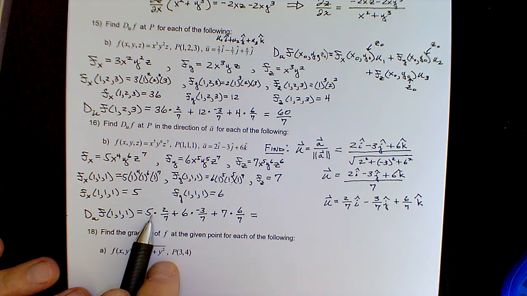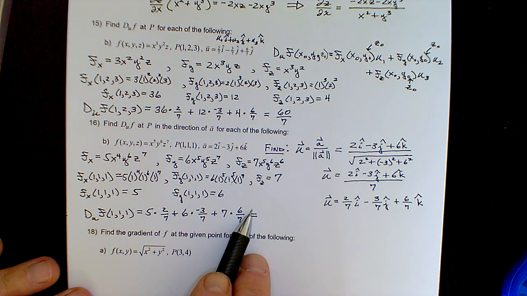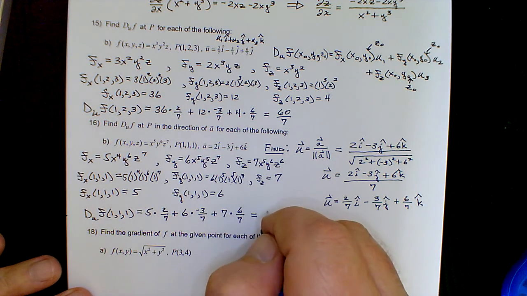Crunching that down, with common denominator 7, we get 10 minus 18 is negative 8. 42 minus 8 is 34. So 34 over 7.